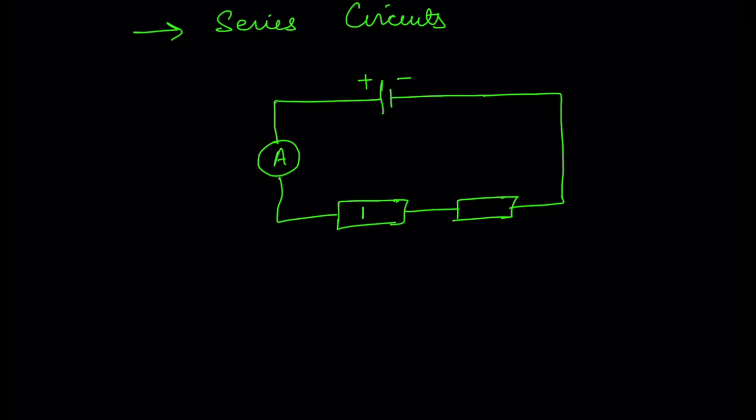This resistor is R1, that resistor is R2. The direction of the current in this circuit, well, let me put a switch over here as well. So there's a switch.